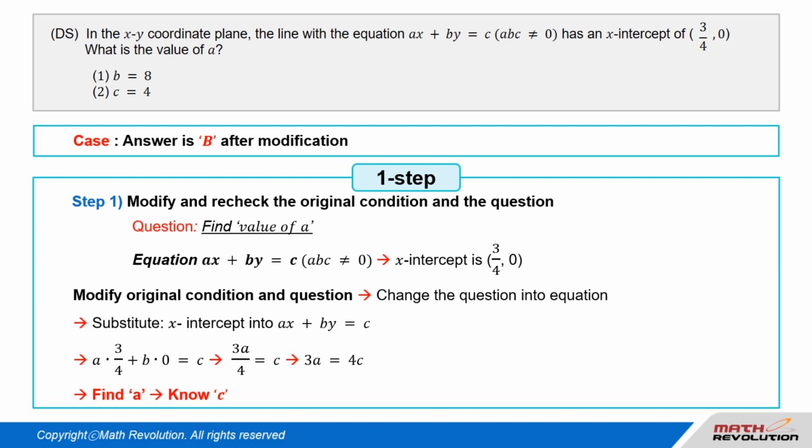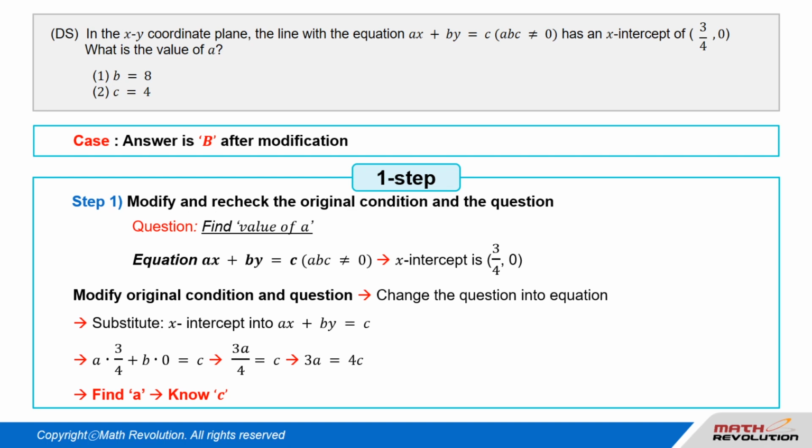Substitute the x-intercept into the equation of the line, because this point is on the line and should satisfy the equation ax plus by equals c. Then we get a times 3/4 plus b times 0 equals c. 3a/4 equals c. That is, 3a equals 4c.